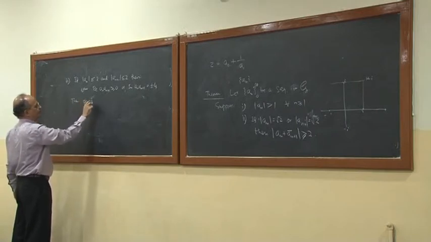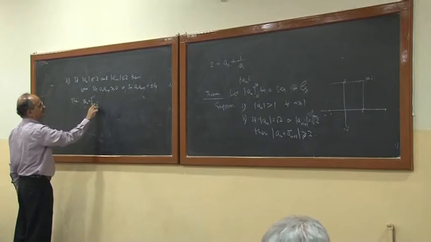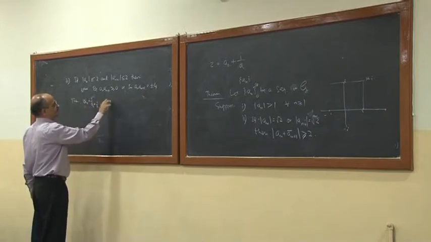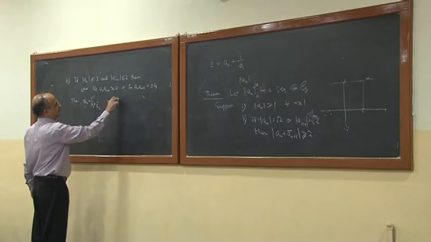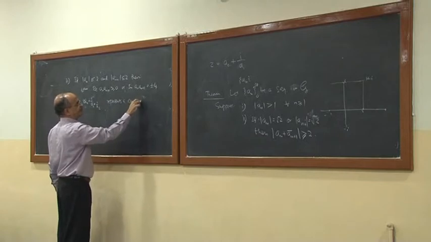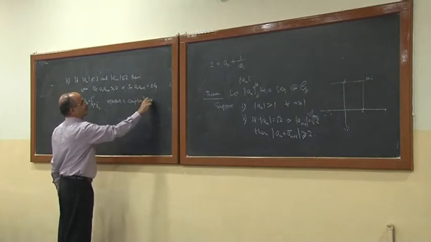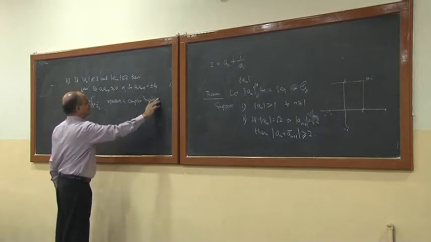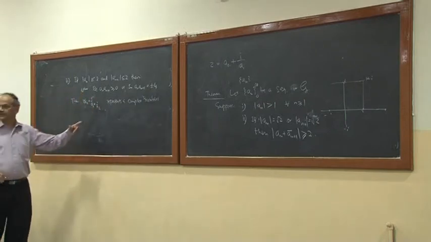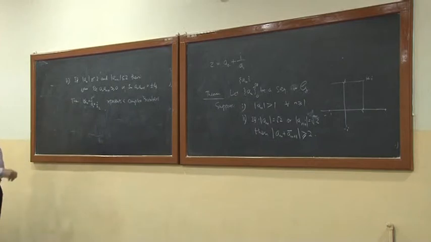Then A1 plus 1 over A1 plus, etc., represents a complex number, in the obvious sense that if you take the truncated sequences, they converge to a complex number.